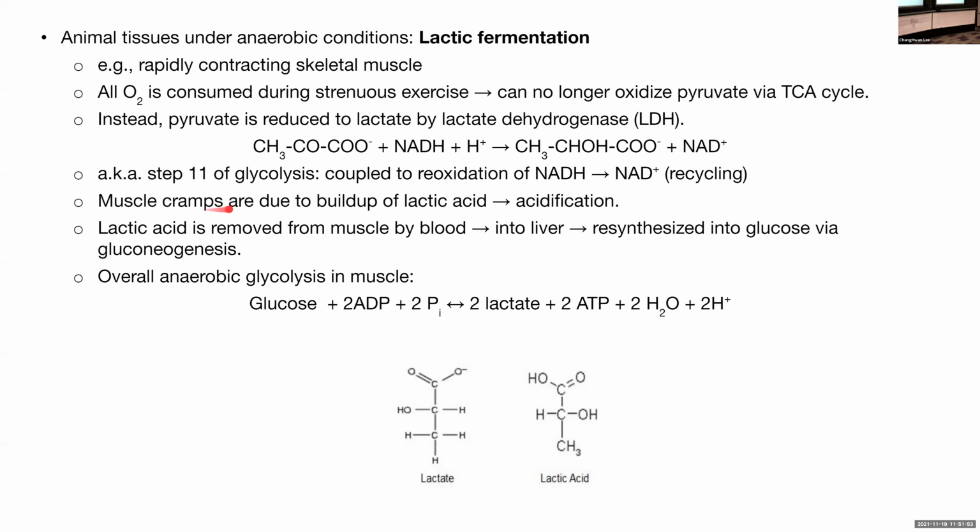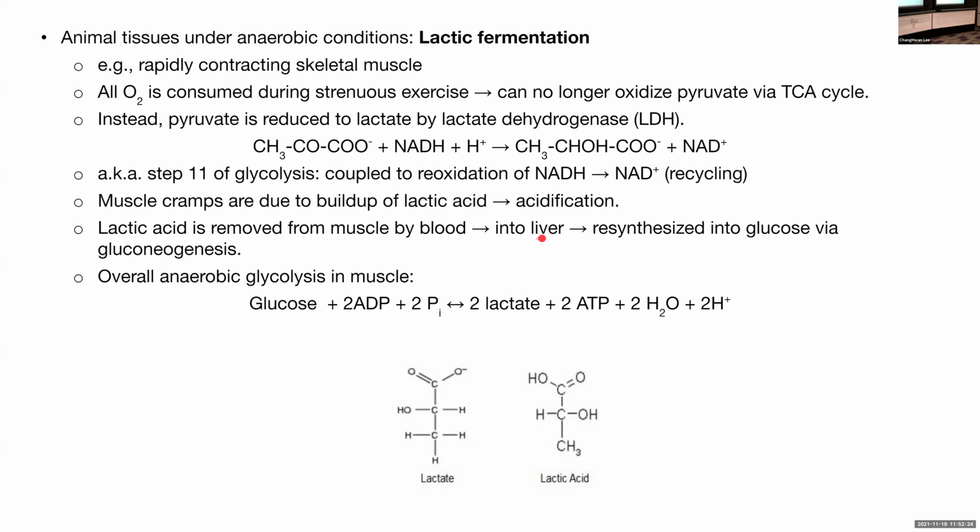And again, muscle cramps are due to this buildup of lactic acid because there's so much acidity. So it leads to the acidification of the muscle tissues. So it has to be cleared, and it takes a long time. But it eventually will resolve by slowly clearing through the bloodstream. So this lactic acid is removed by blood and flows into the liver.